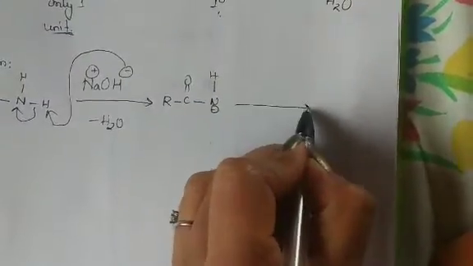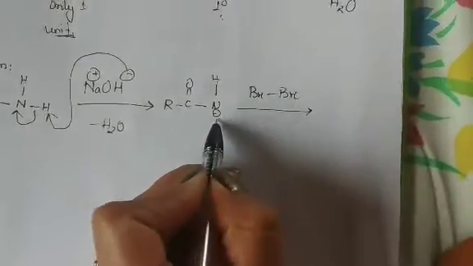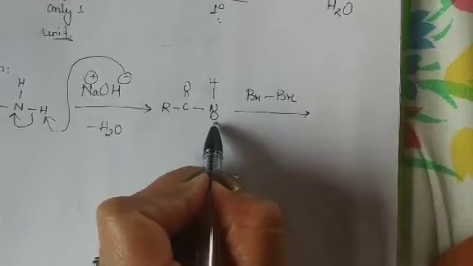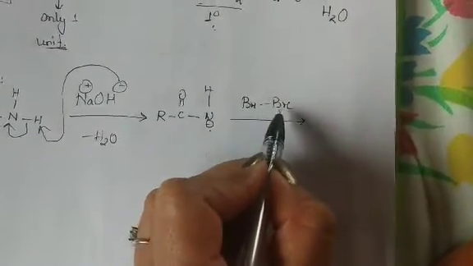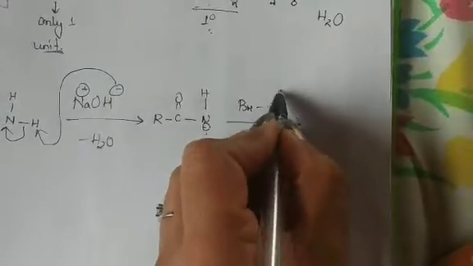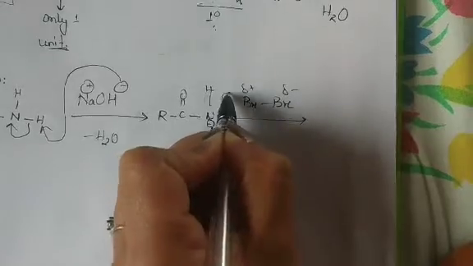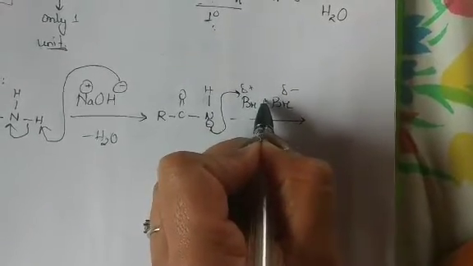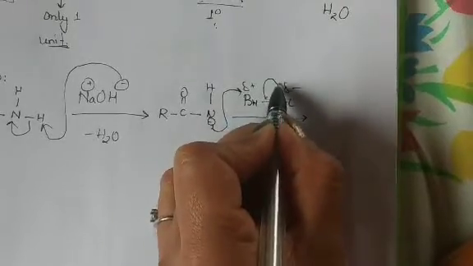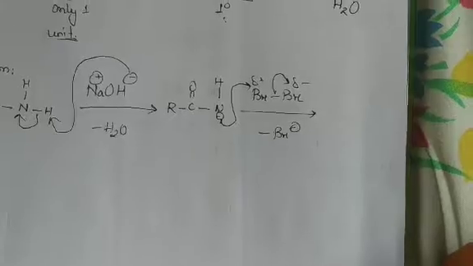Now we have here our bromine molecule. Because of the presence of the negative charge on the nitrogen atom, a dipole in the bromine molecule is induced. Therefore, it is partially negative and partially positive. Therefore, the nitrogen atom attacks here, and then the bond, along with the bonding electron pair, leaves, that is, a Br minus leaves.